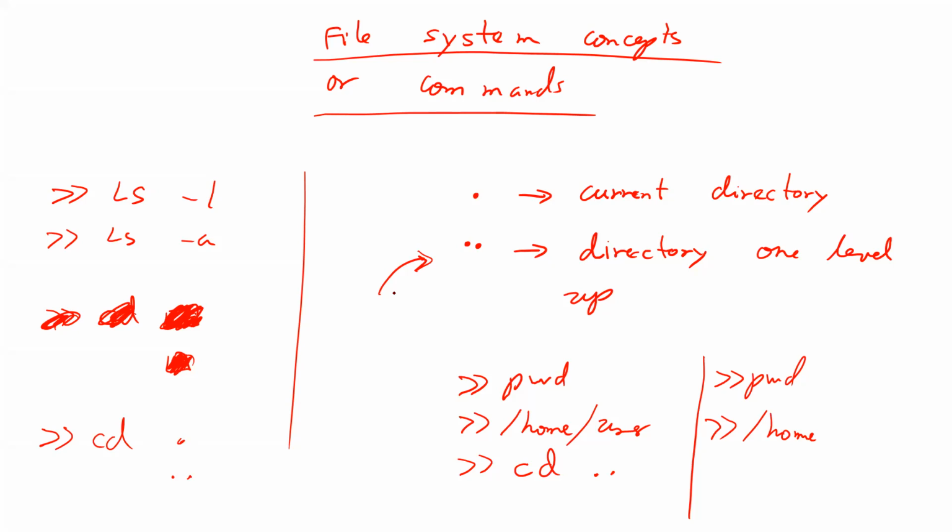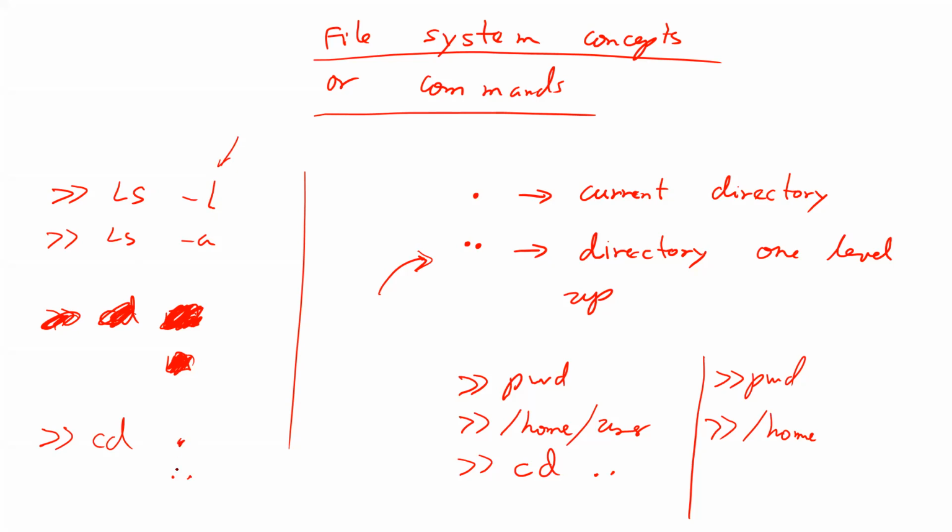Other commands are like ls. I like to use ls -l quite a bit. This allows me to view the contents of a folder, a listing in a nice readable way.